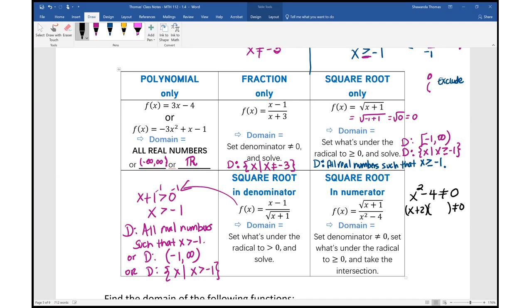So that's x plus 2 times x minus 2. Set each factor to not equal 0. So that's x plus 2 equals 0. Subtract 2. We don't want x to equal -2. And we don't want x to equal 2. So that's just for the denominator.